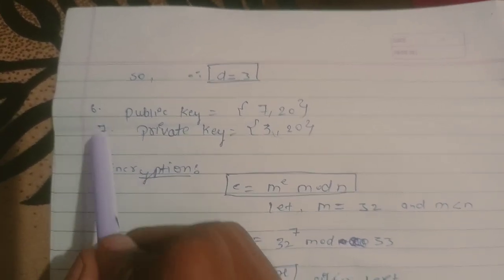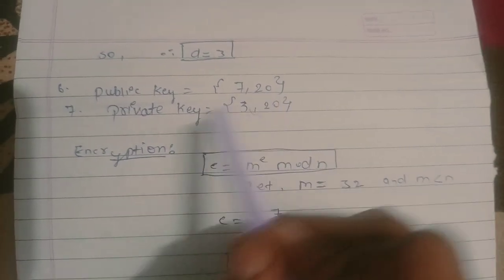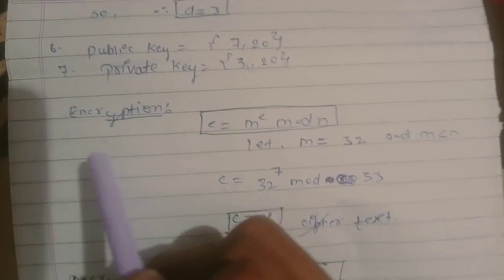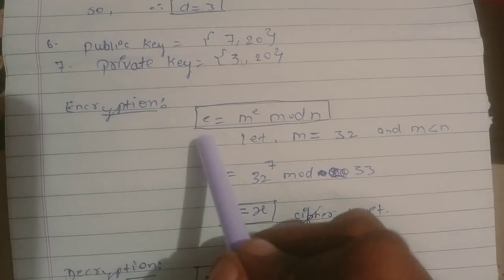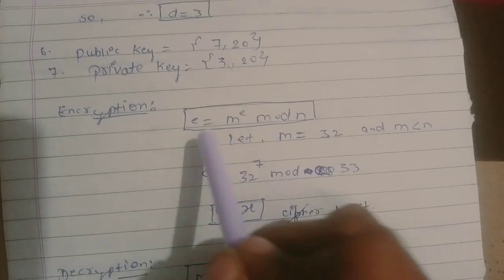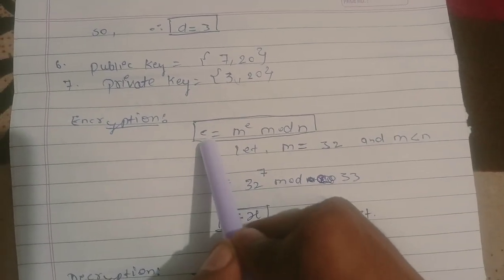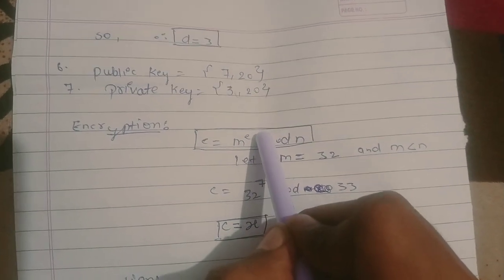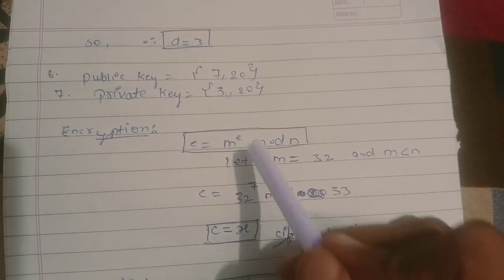Now in steps 6 and 7, we write the public key as 7 and 20 and the private key as 3 and 20. Now the encryption part comes. To encrypt the message, we follow one formula: C equal to m to the power e mod n, where C is the ciphertext, m is the plain text, and e is the public key, which was already calculated in previous steps.